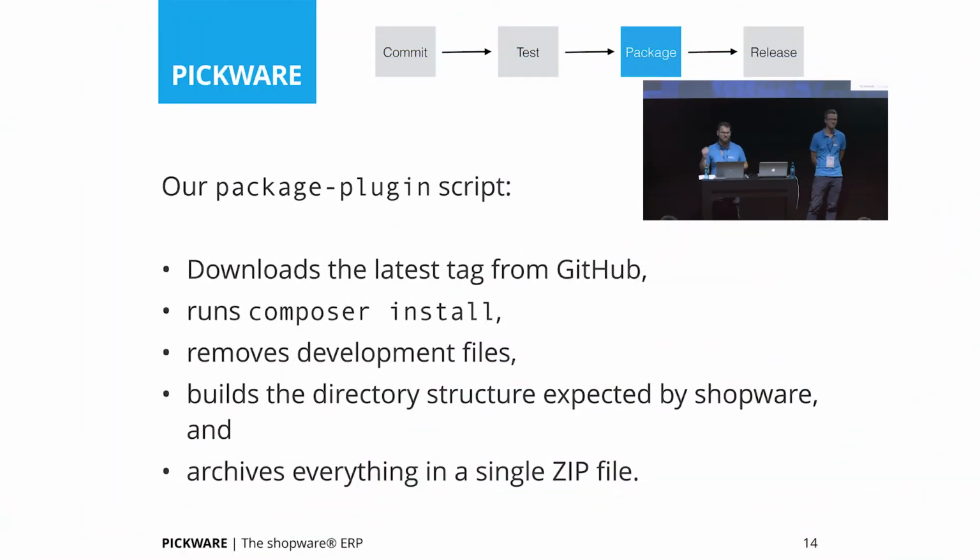It's not a lot. So, of course, we have a script that packages our plugins for us, which basically works like this. It downloads the latest tag from the GitHub repository, runs Composer install on that, removes some extra files we don't need, then builds a plugin directory structure like the namespace, like backend or core, and then the technical plugin name, and puts that into a zip file.